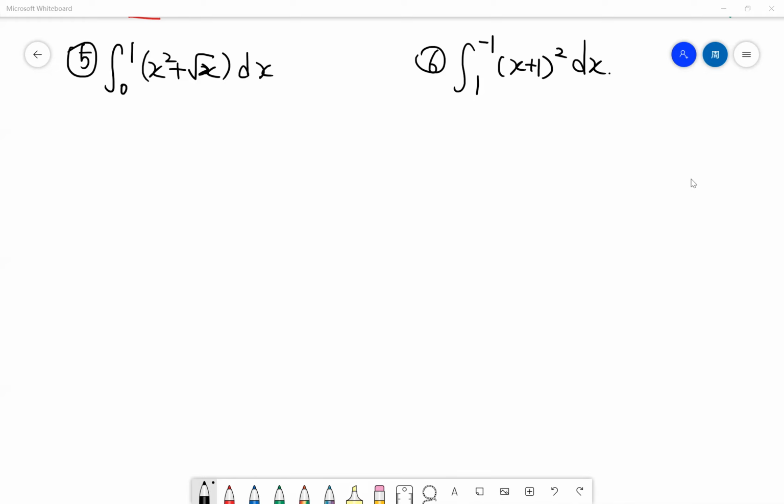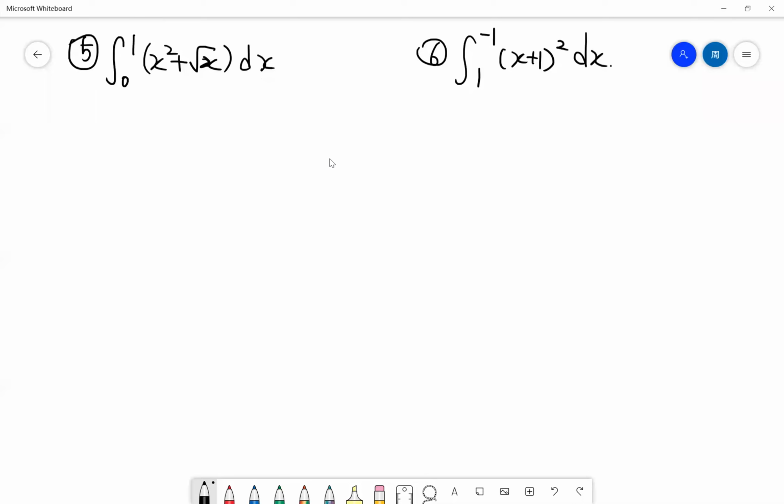Okay, so here, let's solve number 5 first. When you calculate more, you can write it directly. First, we can find the antiderivative here. That is 1/3 x^3, right?